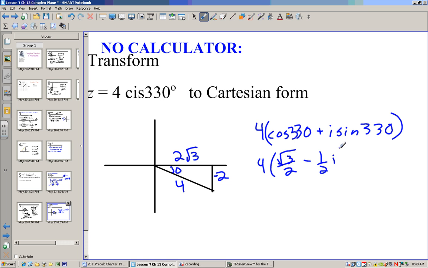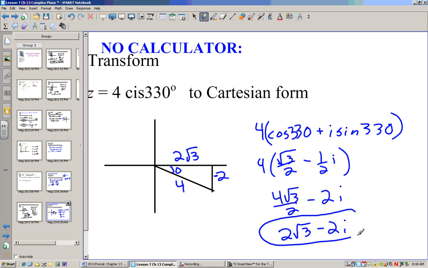And then we have an i along with that. So when I multiply over the parentheses, this is going to be 4 root 3 over 2 and minus 2i. And you'll notice that this is 2 root 3 minus 2i.